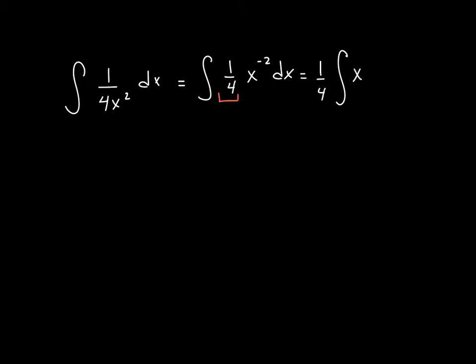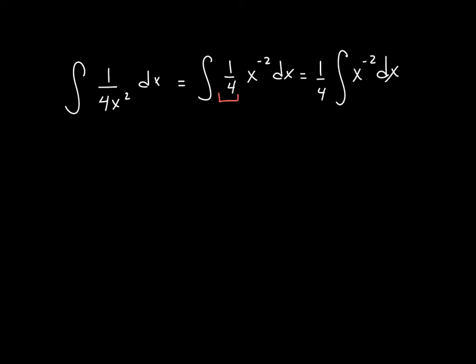All right, so let's start with 1 over 4x squared dx. Remember, I'm treating this as 1/4 times x to the negative 2 dx, and that's the rule where I pull that constant out. So that will be 1/4 the integral of x to the negative 2 dx.